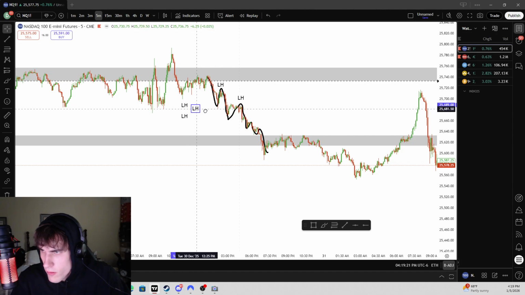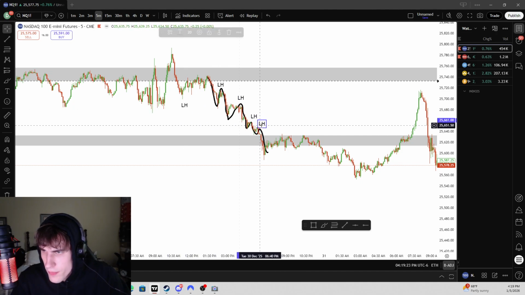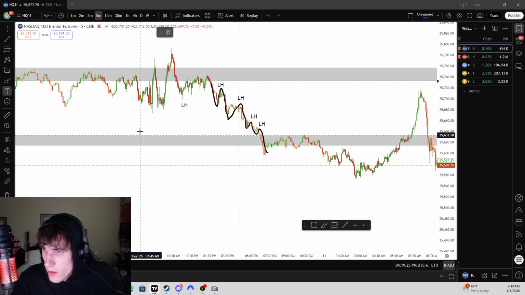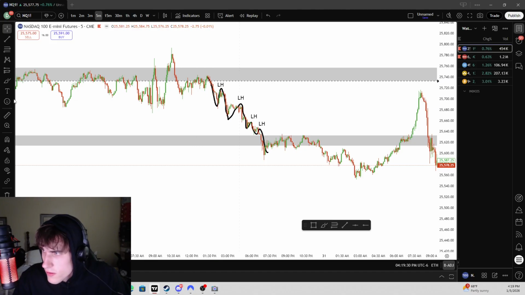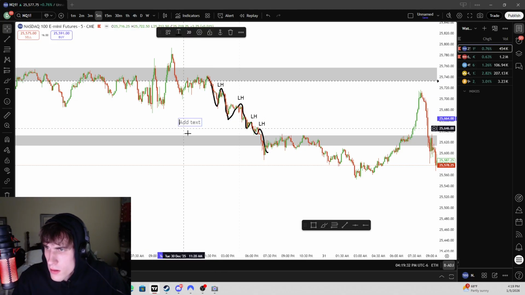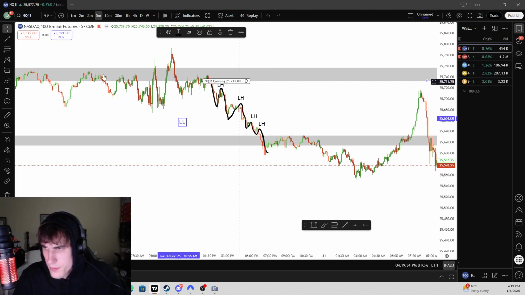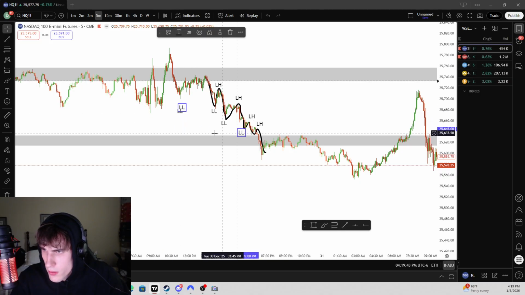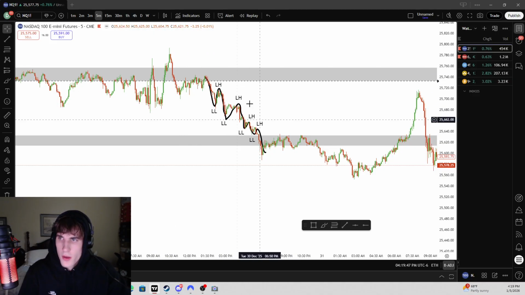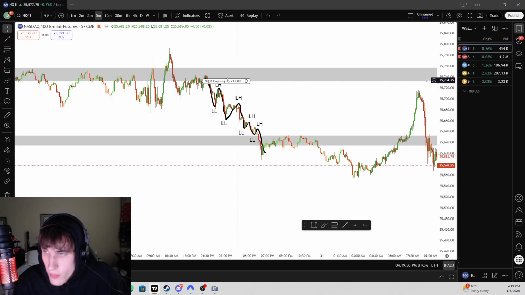Lower highs and lower lows. Okay, so let's mark it out, just so you can see. Lower lows. Lower low, lower low, lower low, lower low. Boom. So that's a downtrend. That's how we identify the trend.